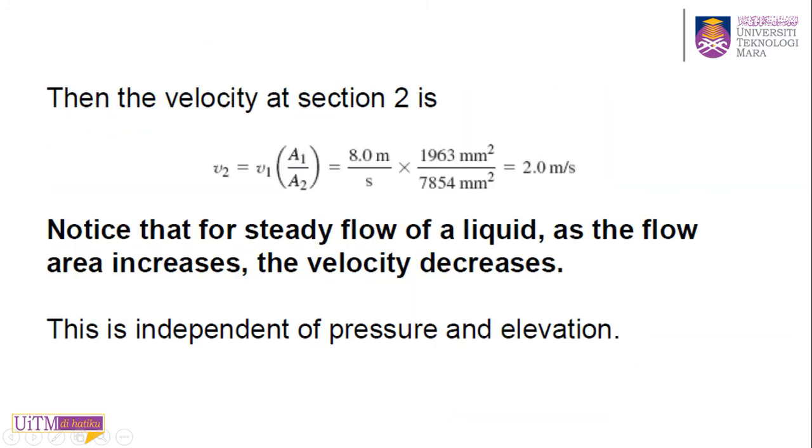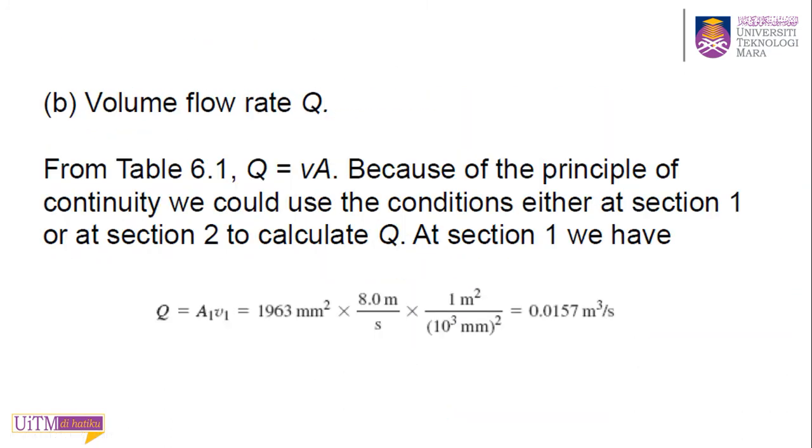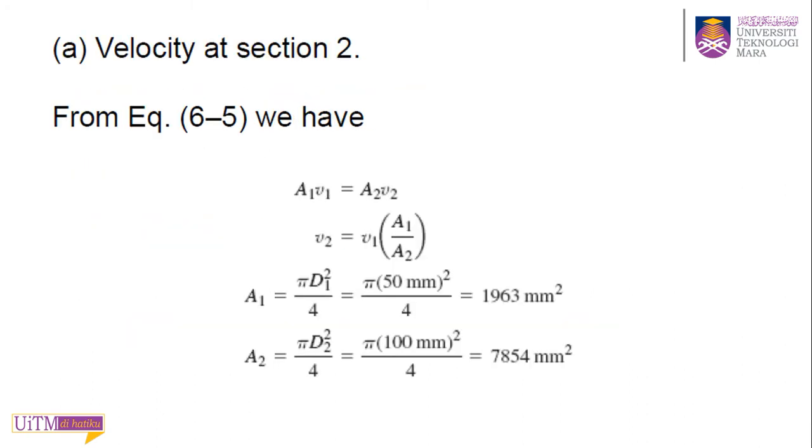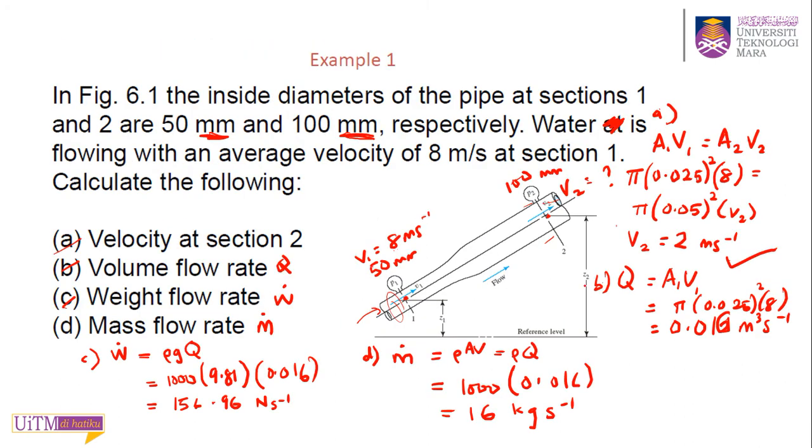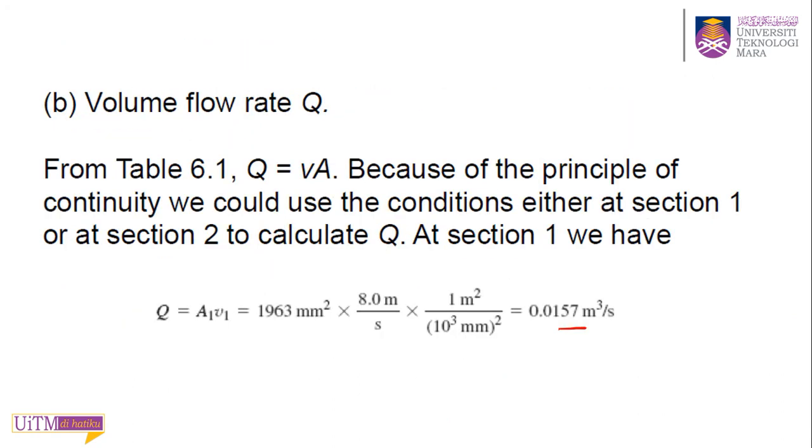Q is 0.01557, so maybe there is a slight difference, maybe because of the number of decimal places. So just the same, that's correct. So this is 0.0157.